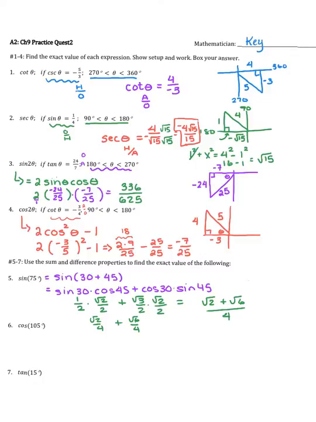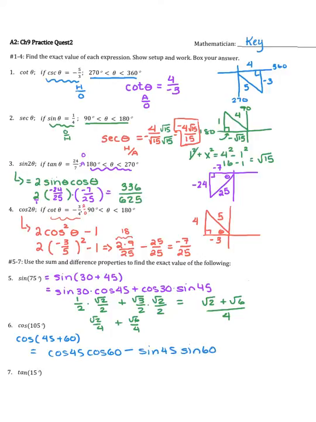So then we have cosine 105. For this one, I'm going to use cosine of 45 plus 60 and expand. So cosine 45, cosine 60 minus sine 45, sine 60.